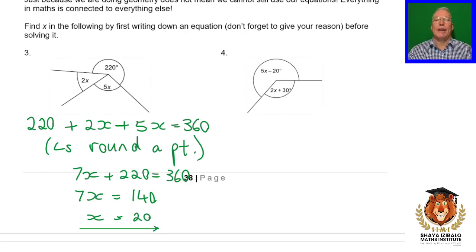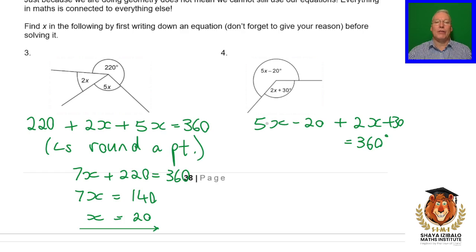Right, let's look at number 4. 5x minus 20 plus 2x plus 30 plus 10 is equal to 360. So I've not done that very nicely at all.